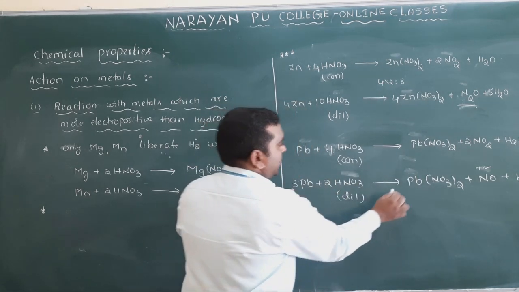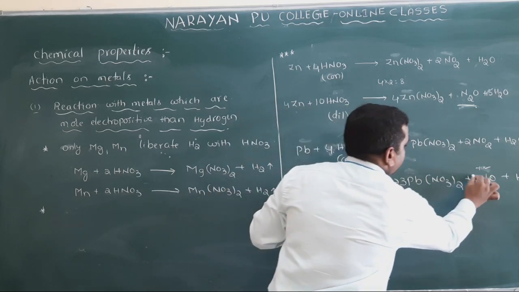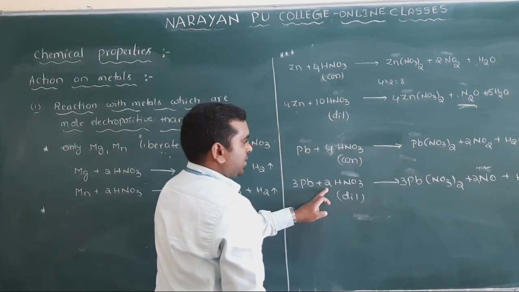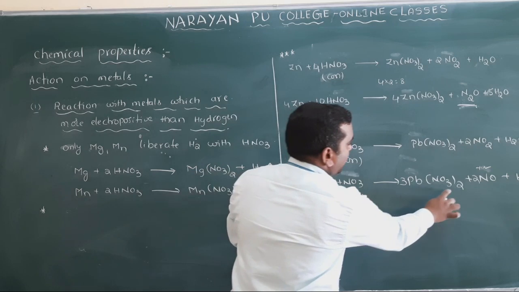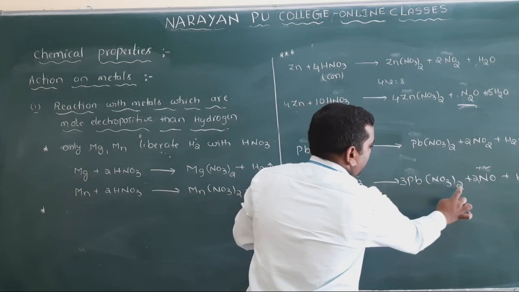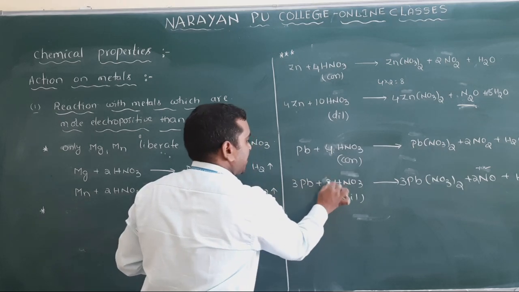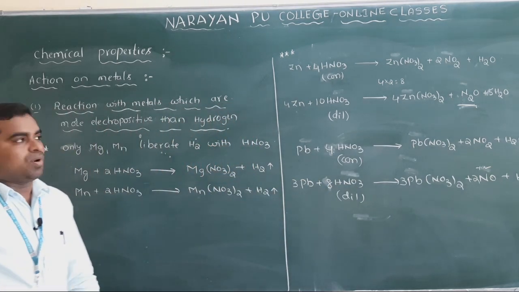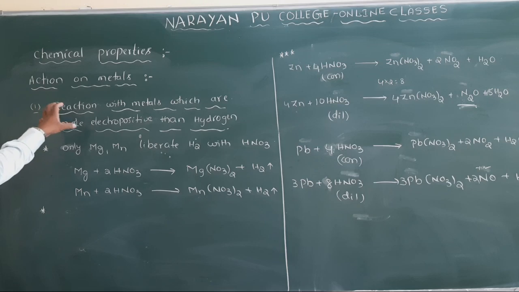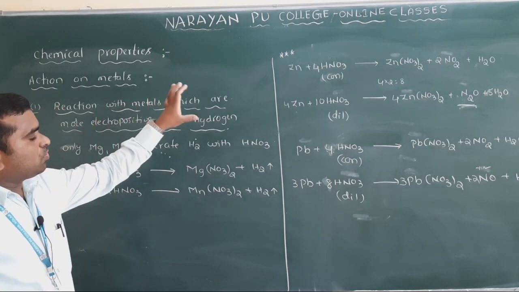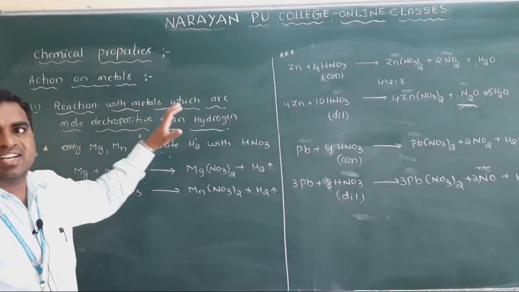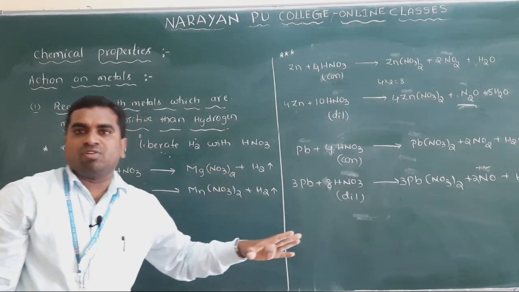Then balance here, 3 Pb are there, 2 NO are there, I have to multiply this one with 2. Clear? So then how many nitrogens are there? 2 into 3, 6, plus 2, 8, so I have to multiply this one with 8. This is about how concentrated HNO3 and dilute HNO3 react with the highly reactive metals.